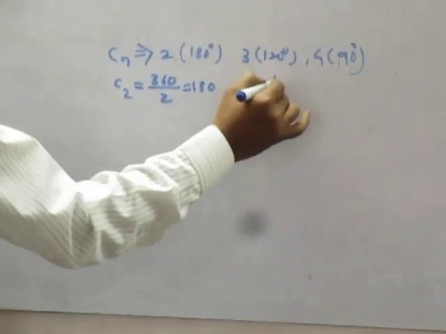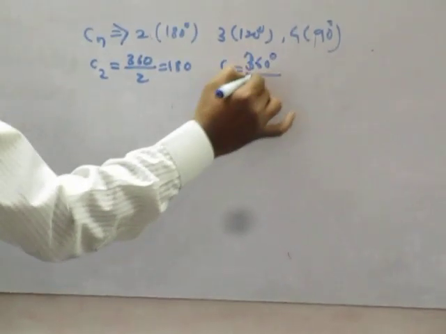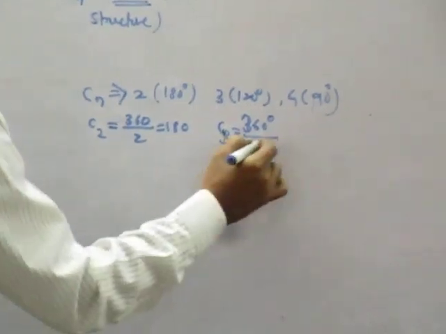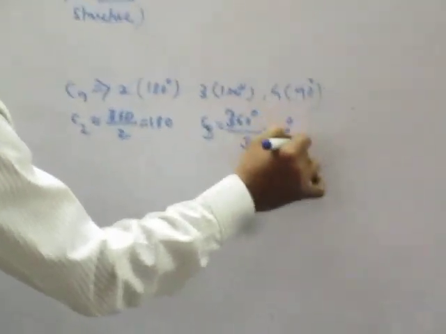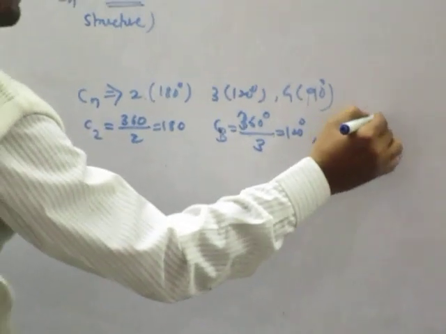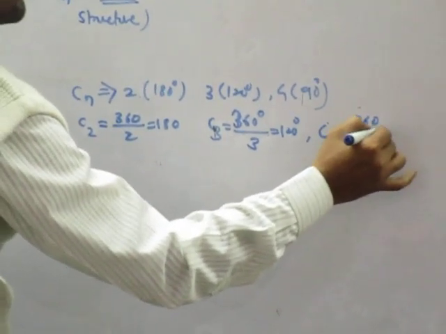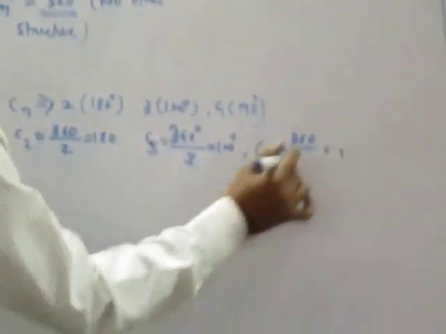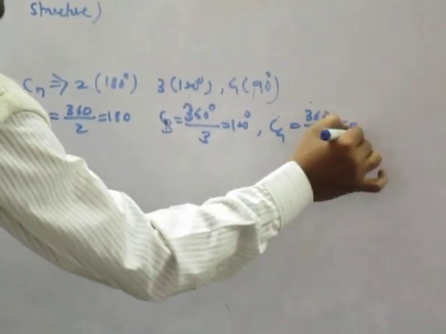C3 is 360 divided by 3, equal to 120. C4 is 360 divided by 4, equal to 90 degrees of rotation.